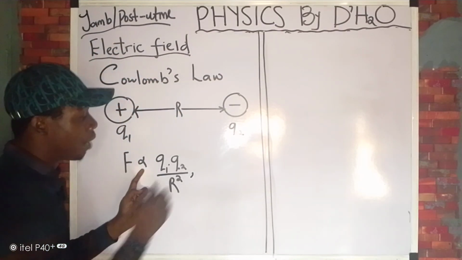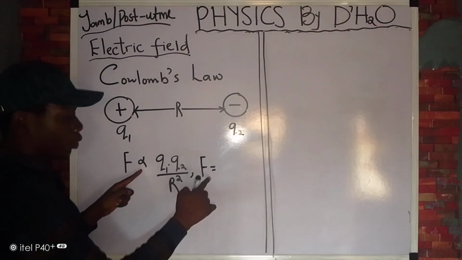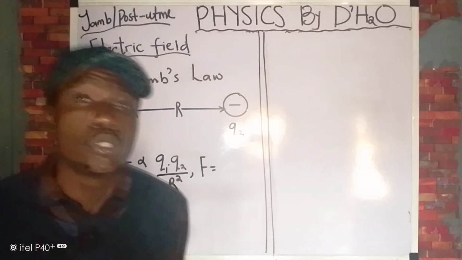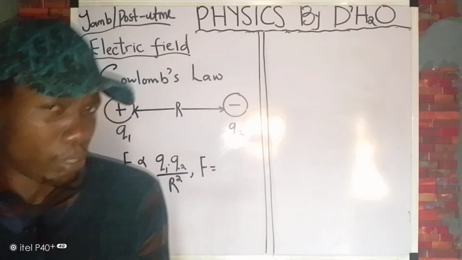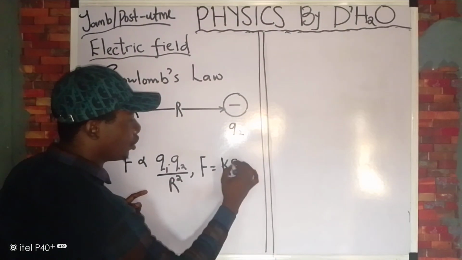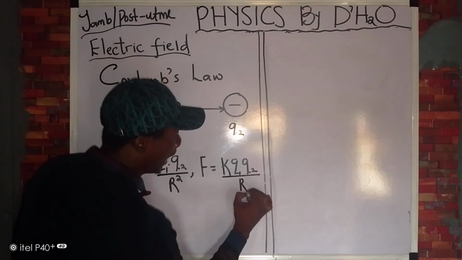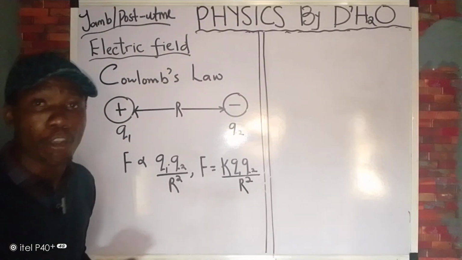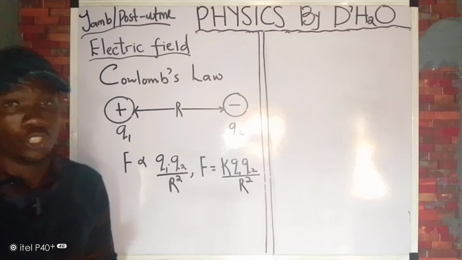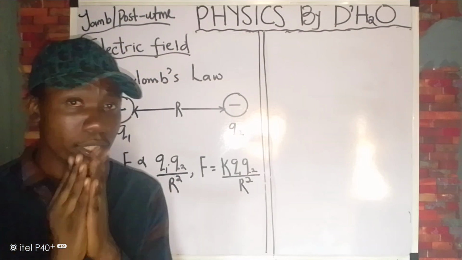So if I do that, I will have F equals to, so removing this sign, I'll put equals to, then I will have to introduce my constant. What is my constant? K. So we have F equals K Q1 Q2 over r squared. So this becomes the formula for the force of attraction or repulsion between two charged bodies in an electric field.